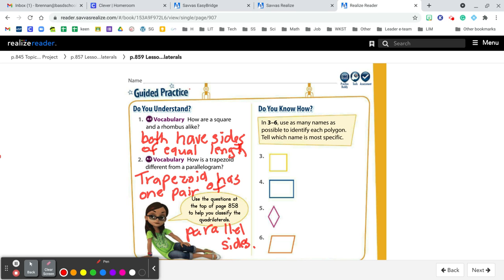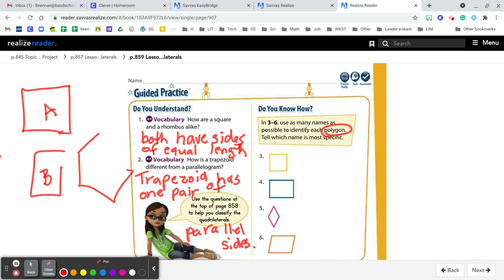Use as many names as possible to identify each polygon. And a polygon is a many-sided shape. Polygons have to have straight lines and they have to be closed. So that B is not a polygon, A is a polygon. A polygon can be goofy looking like that.